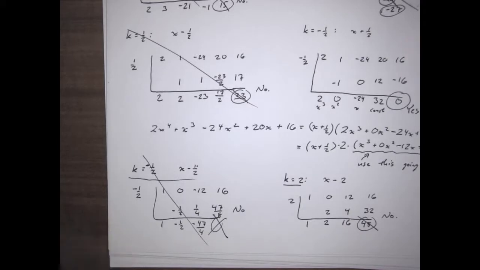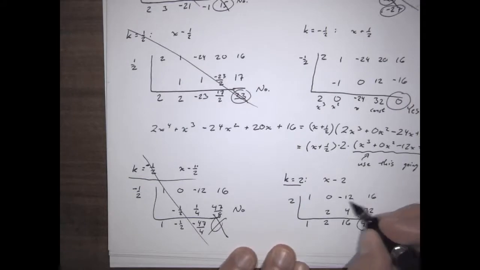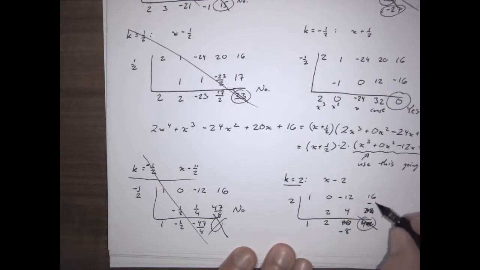Oops. So the actually withdrawn. Autopilot there. That was supposed to be a negative 12. So when we add these, it's going to make a negative 8. And so here, when we multiply that, that's going to make a negative 16.